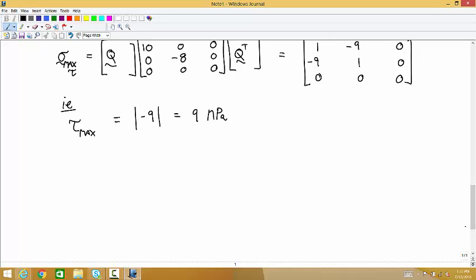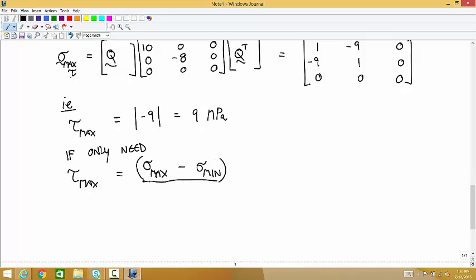So this is the way to get the stress tensor, but if you only need the value, if you only need to know the maximum shear stress, which really is usually all you need, you just take the maximum principal stress minus the minimum principal stress, divided by 2.